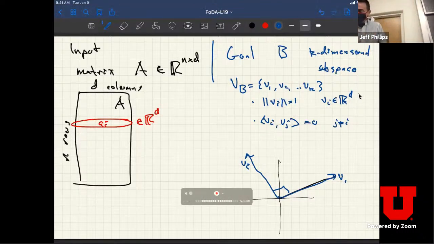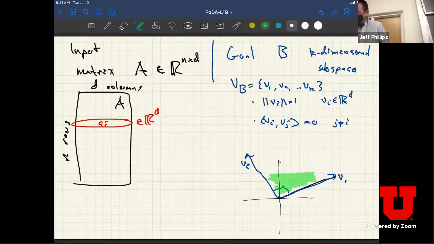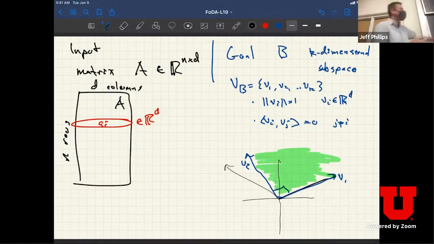Great. So that means we can actually think of there being this subspace here. And if we're in higher dimensions, there's like a third or fourth or fifth dimension coming out of the screen here, and we have some data point.